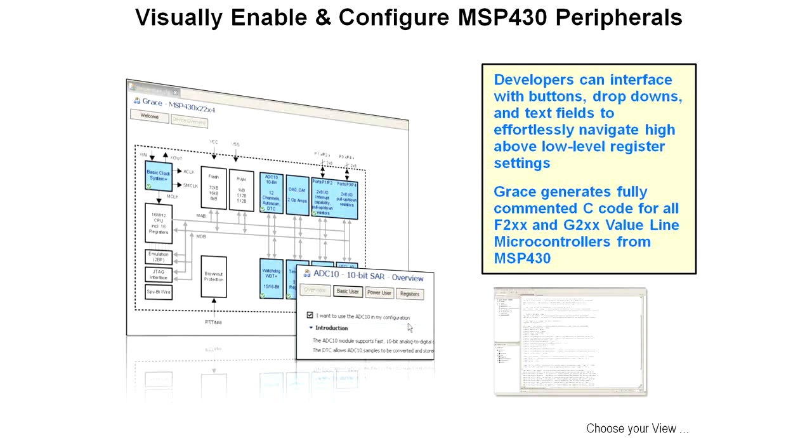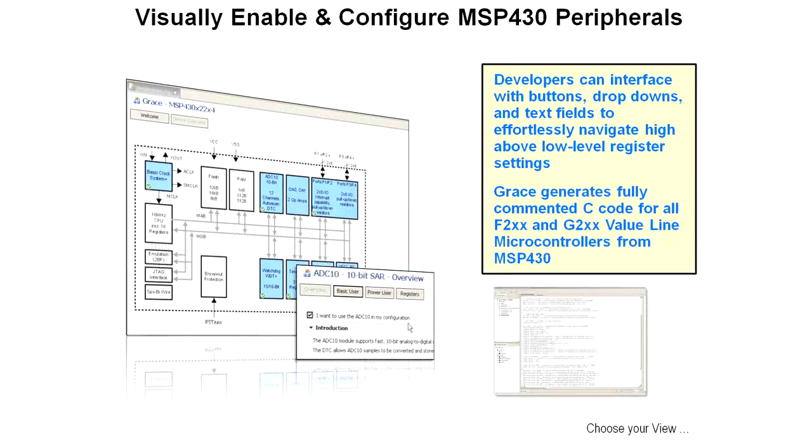The basic clock system is in blue, the flash and the RAM, the ADC10, the ports, the op amps, the Watchdog Timer, and so on. Those devices that can be configured are in blue. Those devices that have been configured have a check mark next to them. The basic clock system you must configure, so some basic configuration has been done.